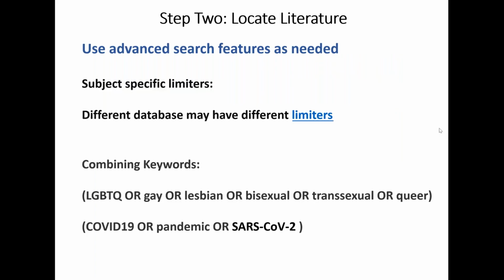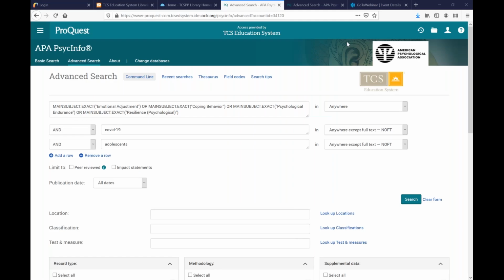All right. As you're locating literature, definitely take advantage of any advanced search features as you need them. There may be subject-specific limiters that I showed you earlier, but there are other limiters that you can use as well. So for example, going back to our PsycInfo page, and every database is going to be a little different. This was our search earlier.